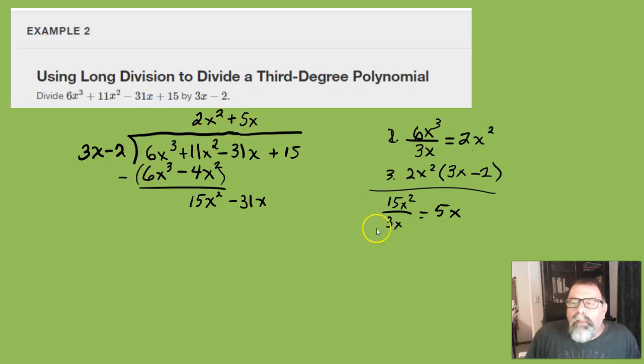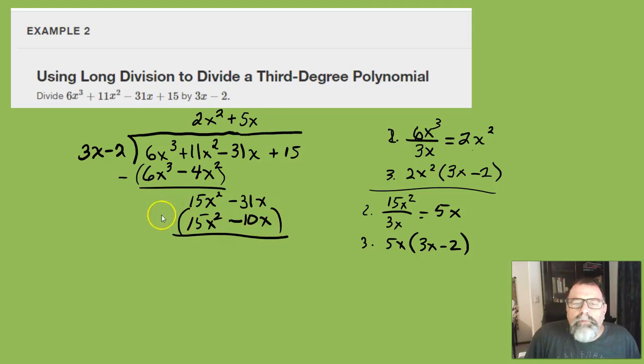Okay, then multiply. 5x times 3x minus 2. So that would be 15x squared. Now the whole point is that first term better match up, because that's the point of dividing the first term, so we can cancel out that first term. And then distribute. 5x times minus 2 would be negative 10x.